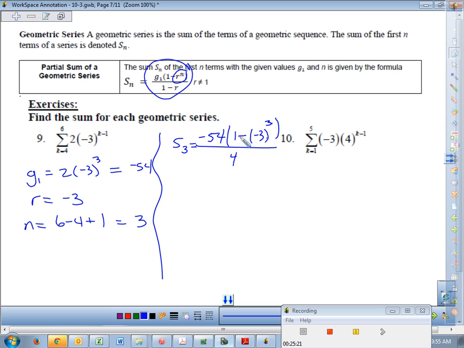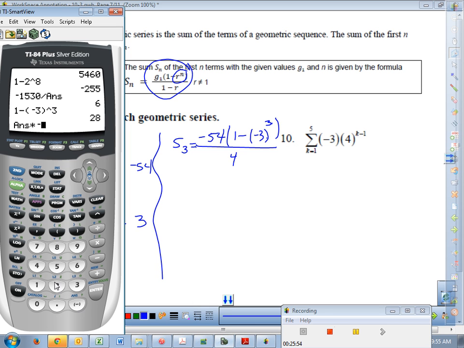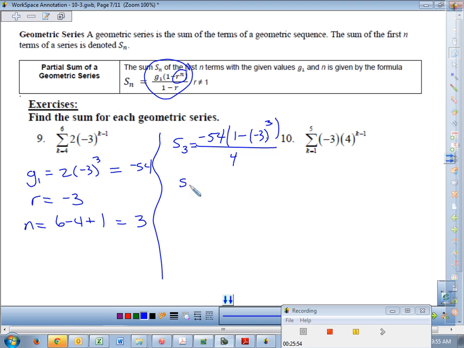And then you got 1 minus a minus 27. You with me on that? Okay, so 28 times negative 54. Boom. Negative 1,512 over 4. And what's that turn out to be? 378. That's what I said. Cool.